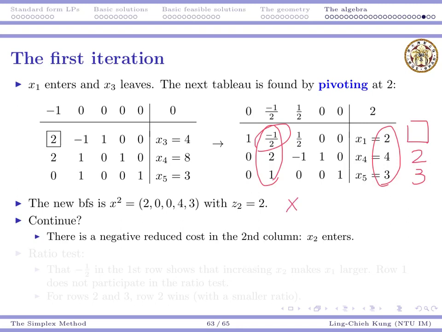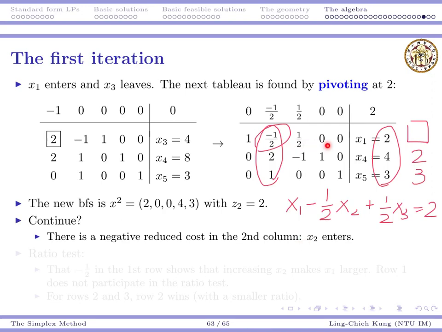Why? x1 minus 1/2 x2 plus 1/2 x3 equals 2. This is what's happening in the first row. When x2 goes up, x1 will actually go up, right? So x1 does not become smaller; x1 will never become 0.